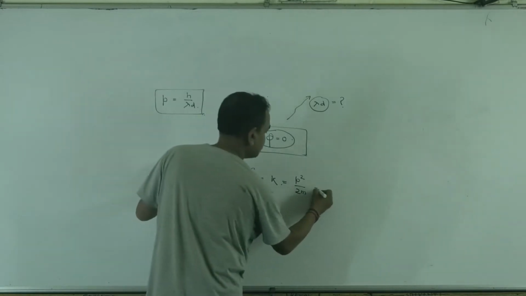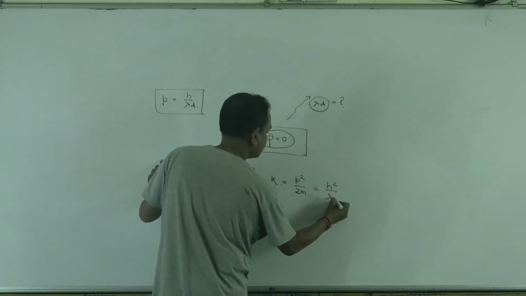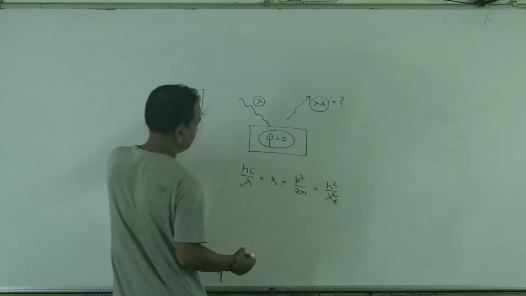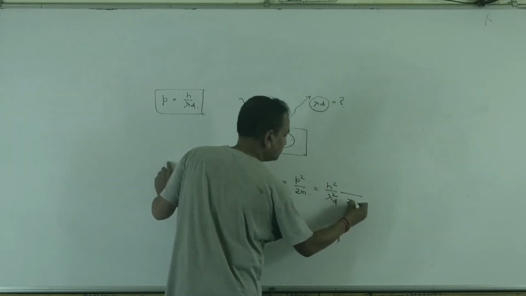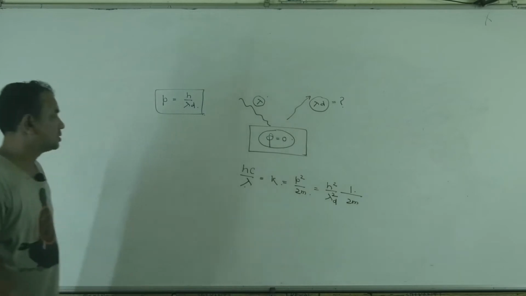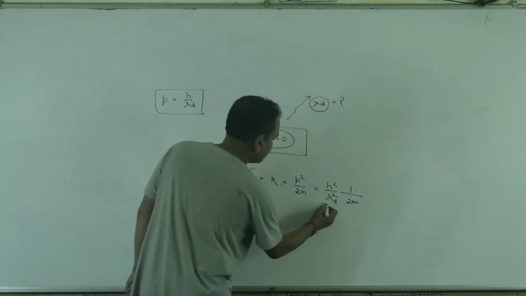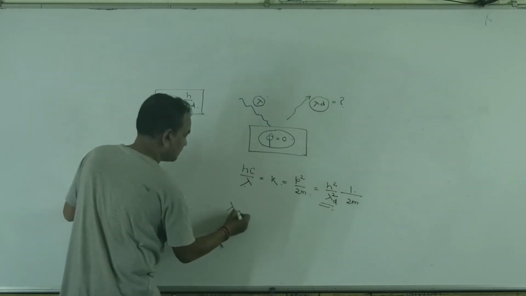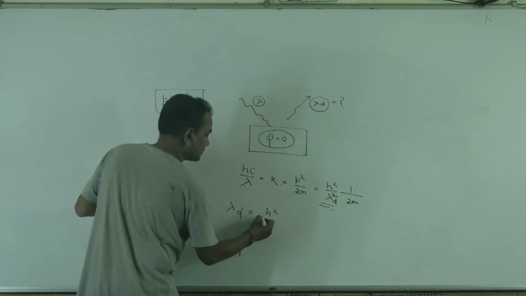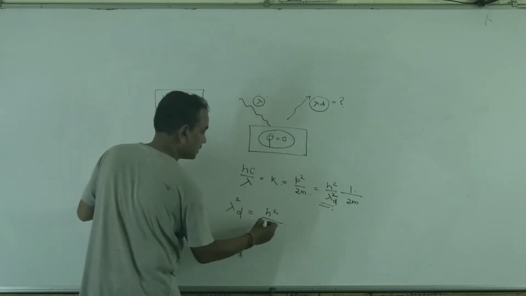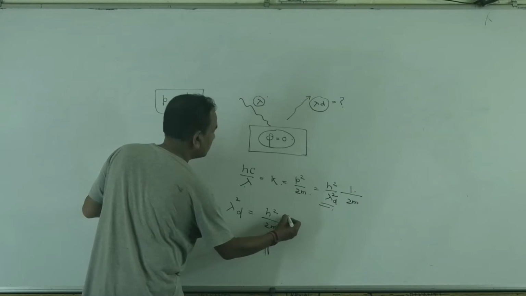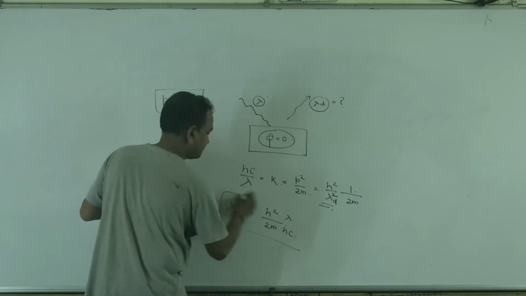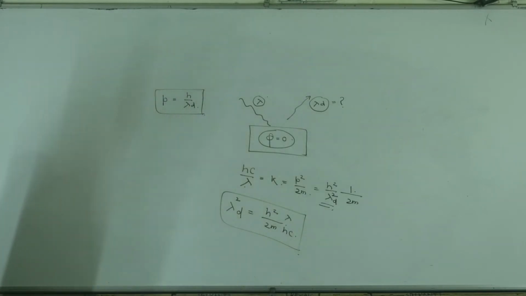So it can be written as h square by lambda d square by 2m. So from this you can get lambda d. So lambda d can be written as h square by 2m into lambda by hc, and you can solve for lambda d.